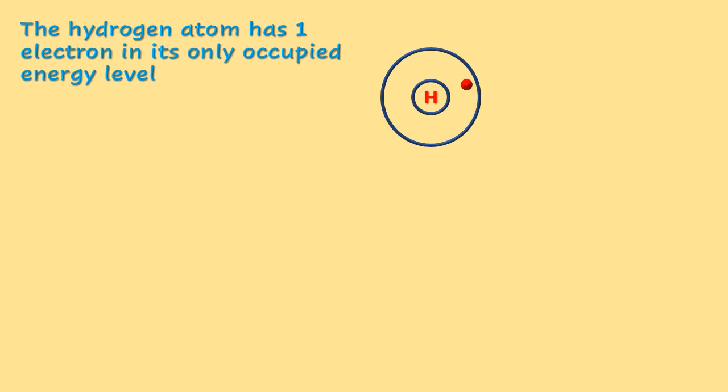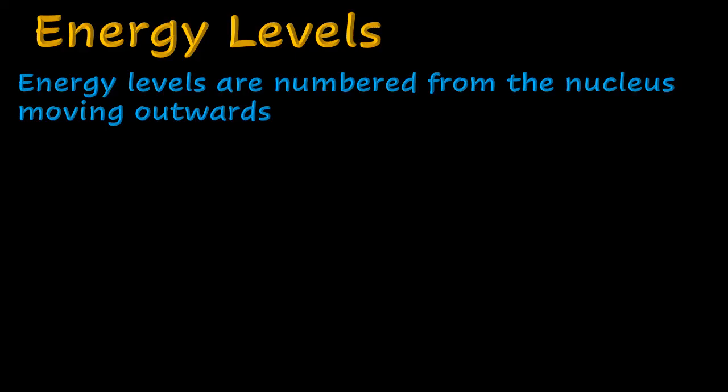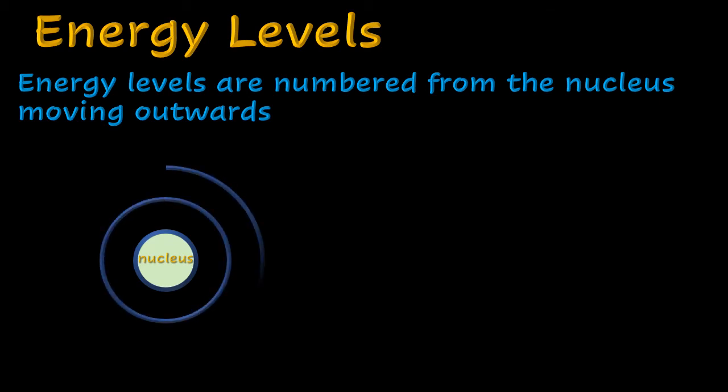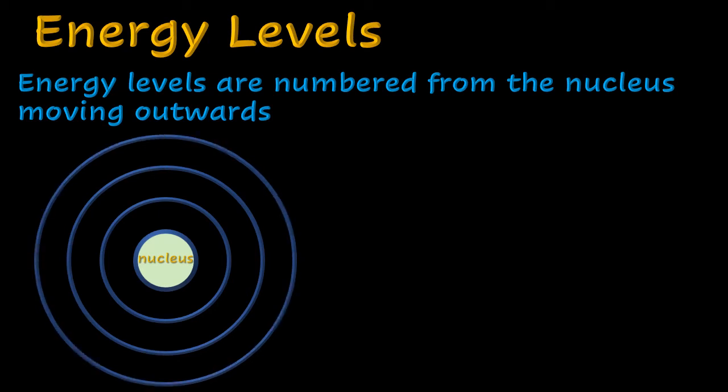Energy levels are numbered from the nucleus moving outwards, so that if this is the nucleus of an atom, then we have the first energy level, the second energy level, the third energy level. Considering that the path of travel of electrons is in the spaces, we can number them 1, 2, and 3.